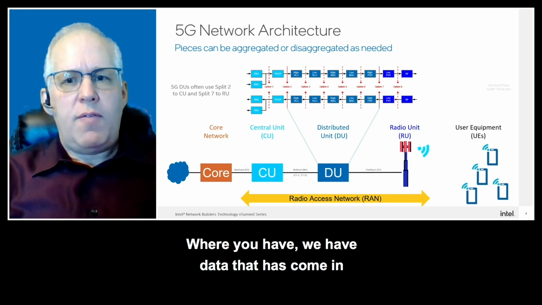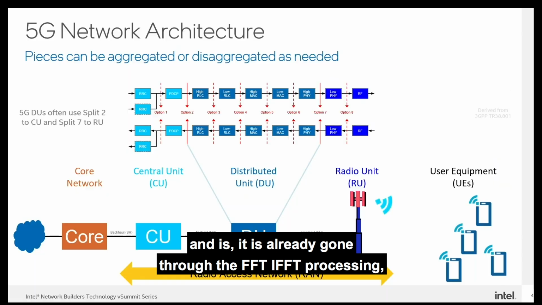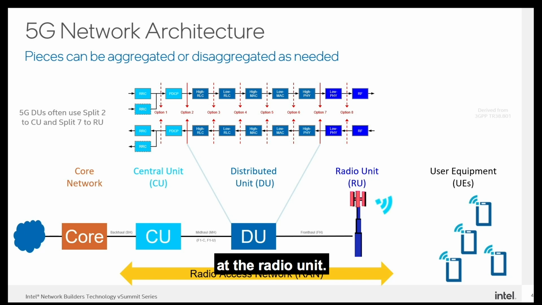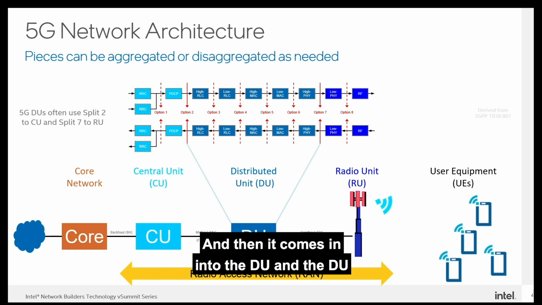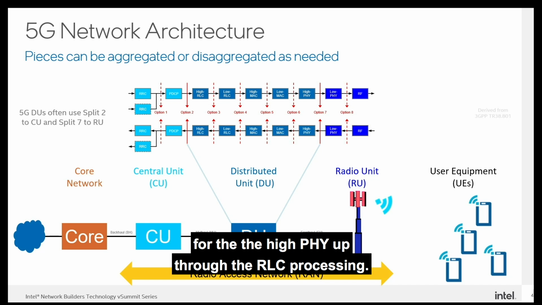Where you have data that has come in and has already gone through the FFT IFFT processing at the radio unit, and then it comes into the DU, and the DU does some of this mid-level processing for the higher PHY up through the RLC processing.